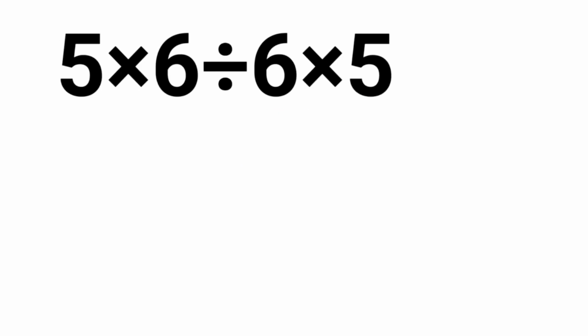This is very important question. According to PEMDAS, if multiplication and division are in the same question, then we will prefer the operation first, which is at left. So multiplication is at left, so we will perform multiplication operation first. So 5 times 6 is equal to 30 divided by 6 times 5.